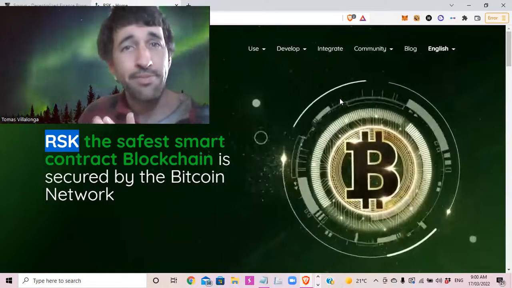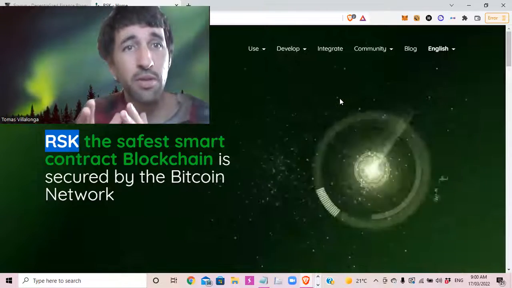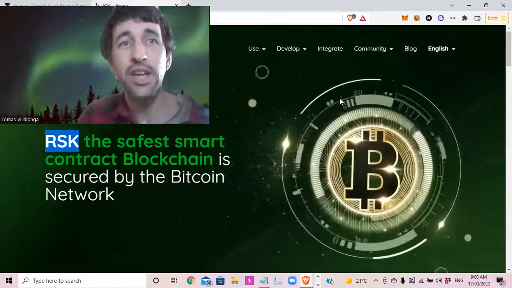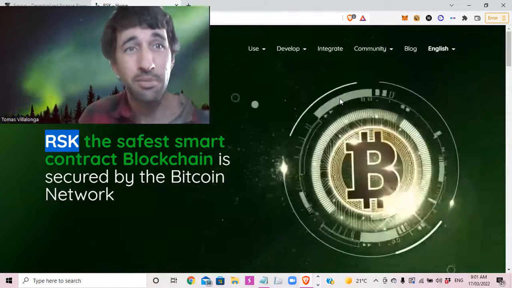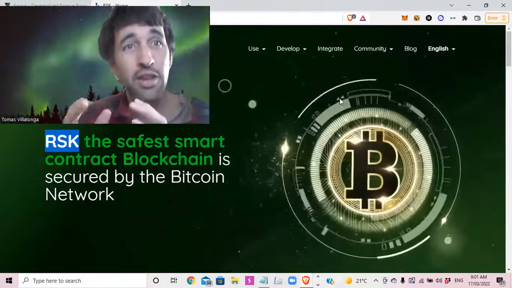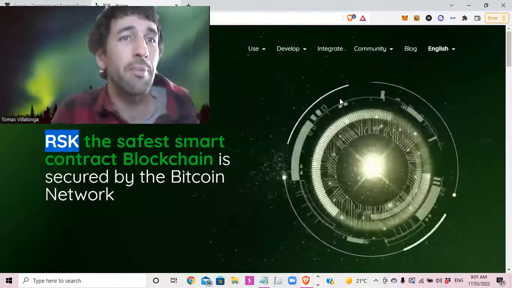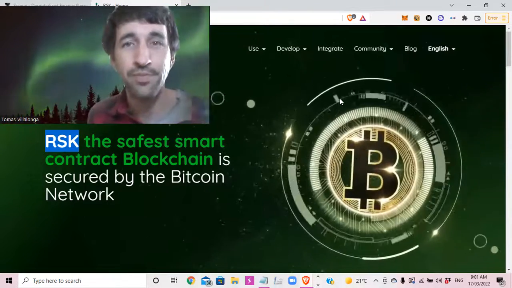merge mining means that all the Bitcoin miners can, if they want to, mine RSK at the same time. I believe the last figure that I've seen is that close to 70% of the Bitcoin miners are actually merge mining RSK at the same time. And it is no wonder. If you're a miner, it's almost like free revenue.